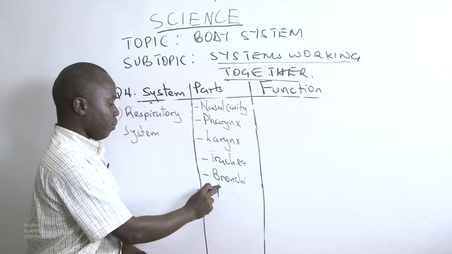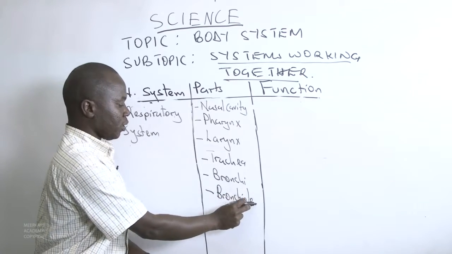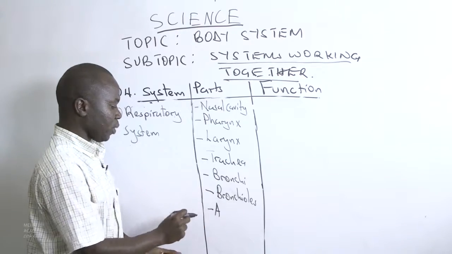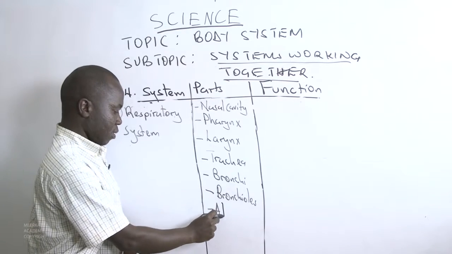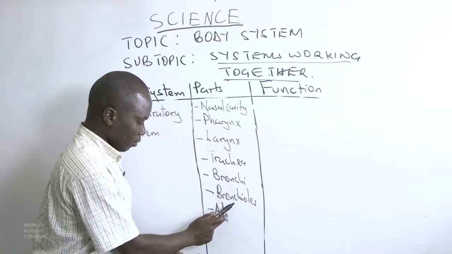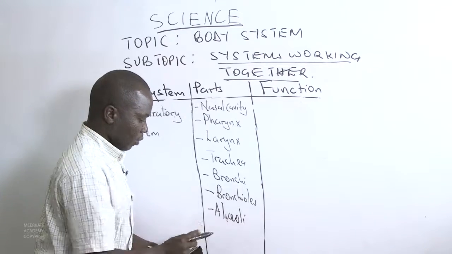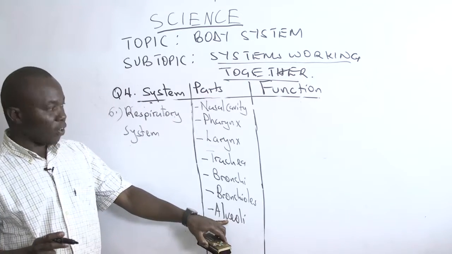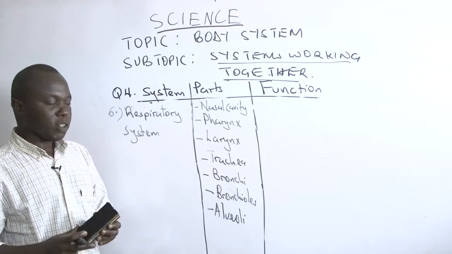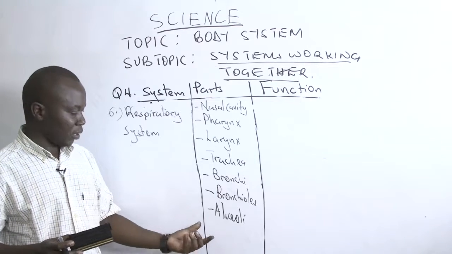And then this opens into fine tubes called bronchioles, and bronchioles open into air sacs called alveoli. Now, the jinx of all in the respiratory system is the alveoli, because that is the major site for gaseous exchange.